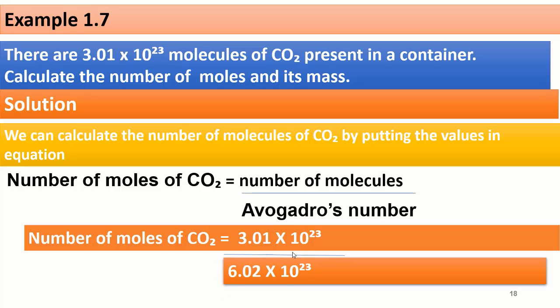When it is divided by Avogadro's number, which is 6.02 into 10 raised to power 23, the answer is 0.5 moles. So first of all, we calculate the number of moles in 3.01 into 10 raised to power 23 molecules of carbon dioxide.